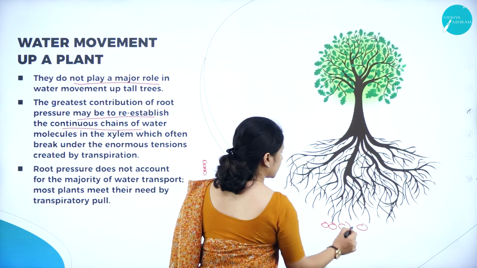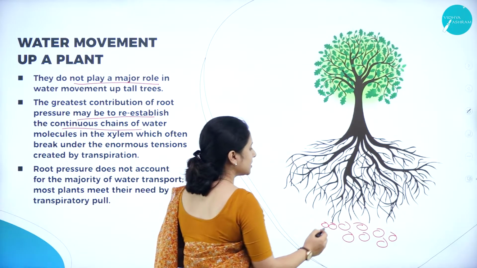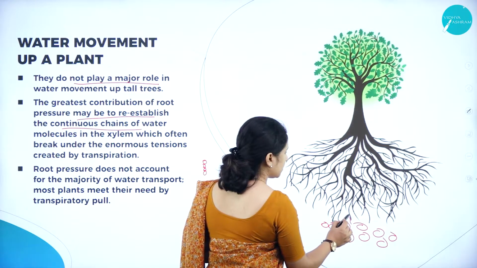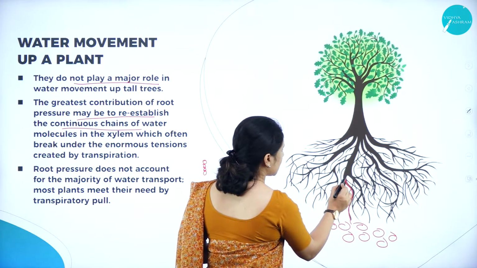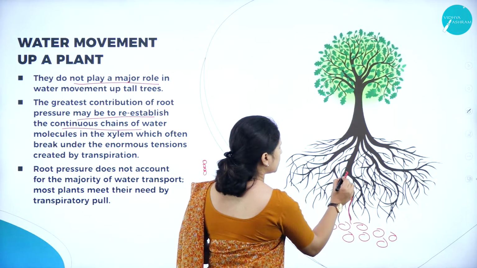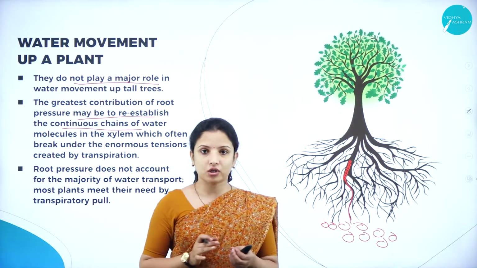So say for example, if this is the soil, in the soil there are a lot of water molecules present which have mineral ions. They are being taken in by the root, and if they have to travel through the xylem cells continuously, the water molecules should form chains. There should be cohesion between the water molecules.